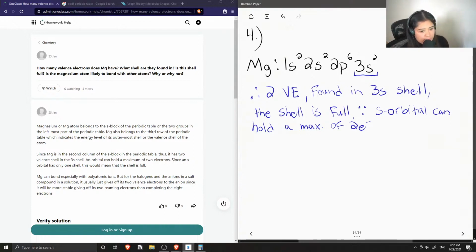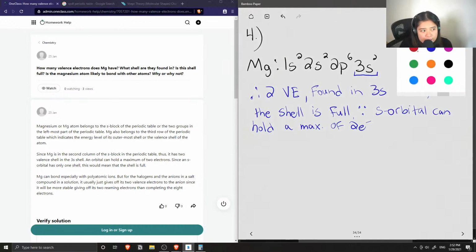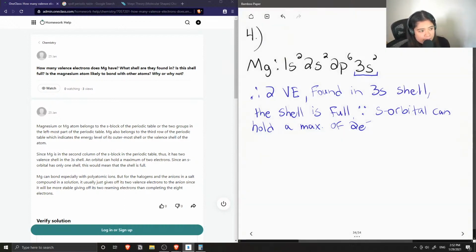And then the last part asks, is the magnesium atom likely to bond with other atoms? Why or why not? Okay, so yes, magnesium is able to bond with other atoms.